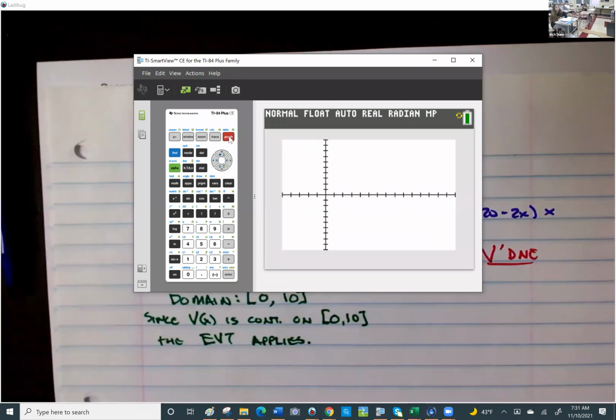Yes, what happened? How do you do the derivative on the older ones? On the older ones, when you do math 8, let's see if this works for us. It's going to have nDeriv show up, and of course I would choose that.